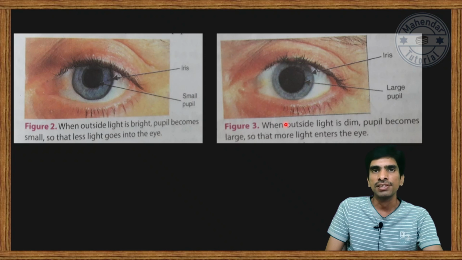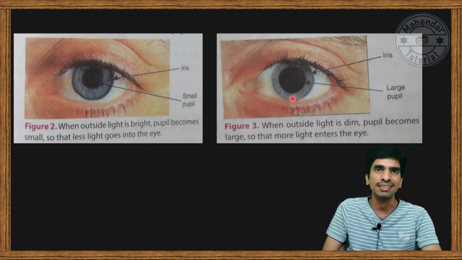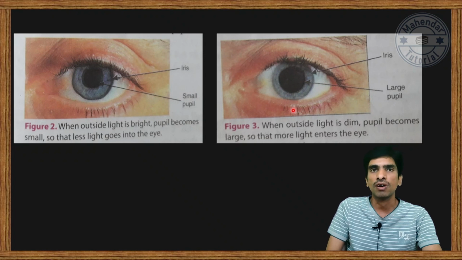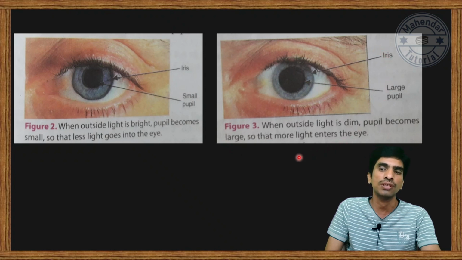And when we see the objects in night conditions, our iris expands, then pupil becomes large. In that case more amount of light enters into the eye, then we can see the objects clearly and comfortably. In this way we can say that iris controls the amount of light which enters into the pupil.